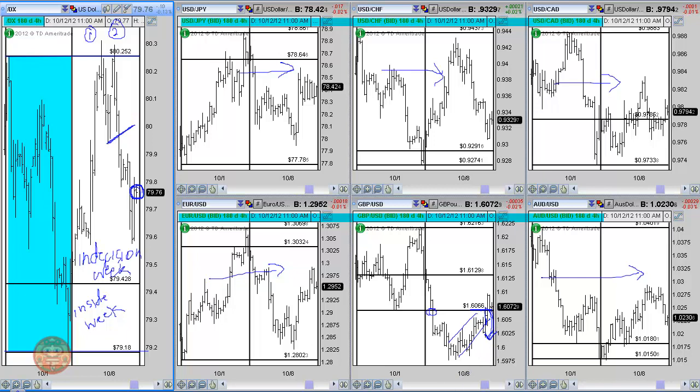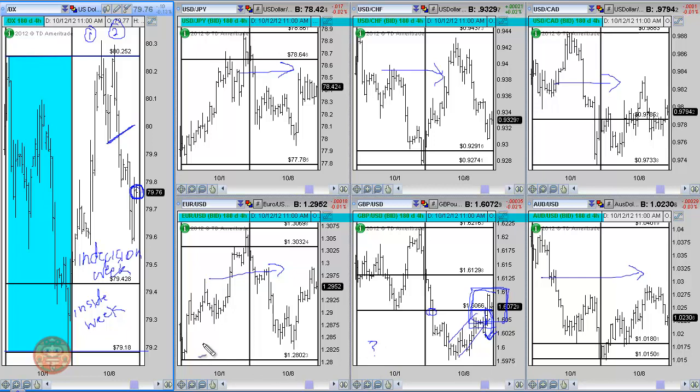And because the other markets were not moving, you could have sat back and said, okay, this does not look like it's going to be a high probability scenario in the pound. Because the rest of the markets were not moving in any one particular direction, that would give you a little bit of reason to be suspect about the pound going lower, considering that the rest of the markets were all choppy sideways as well.